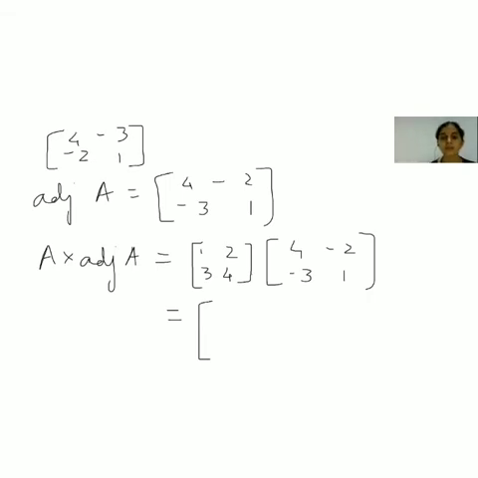First row of the first matrix and first column of the second matrix. 4 plus 2 into minus 3, minus 6, 4 minus 6, minus 2. Minus 2 plus 2, 0. 12 minus 12, 0. 3 into minus 2 is minus 6, plus 4 is minus 2. This is A into adjoint of A.